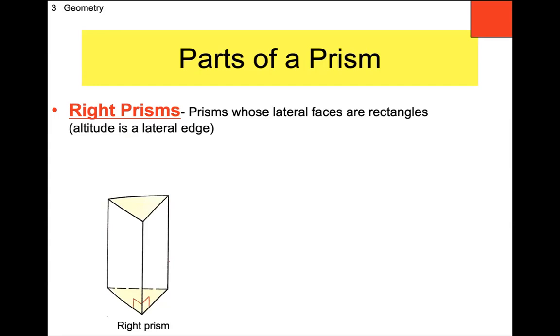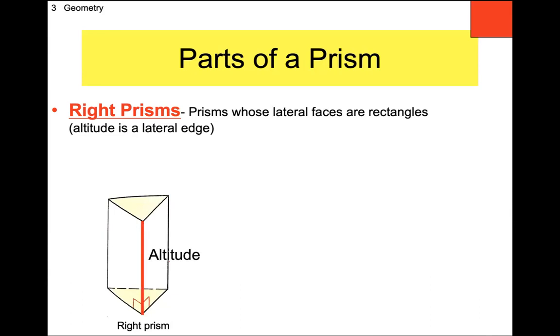They could, but usually, if it's a right prism, they'll just use one of the lateral edges to indicate the height of the prism. They could have used any one of the three lateral edges to indicate the height.